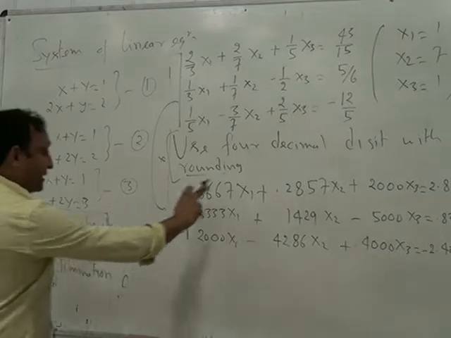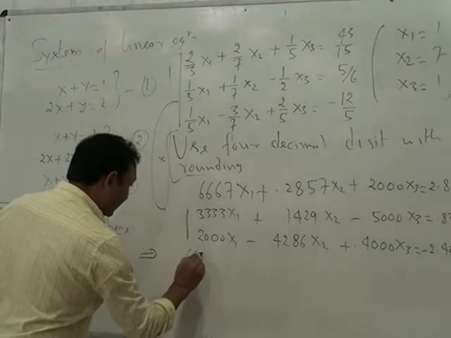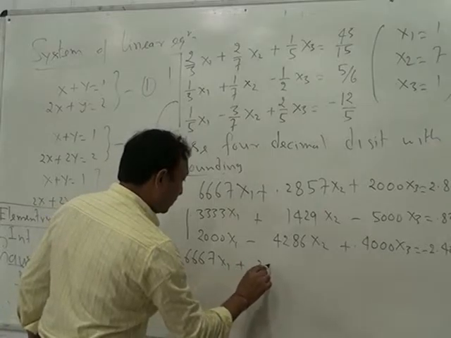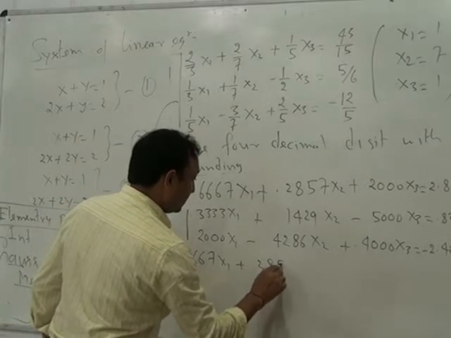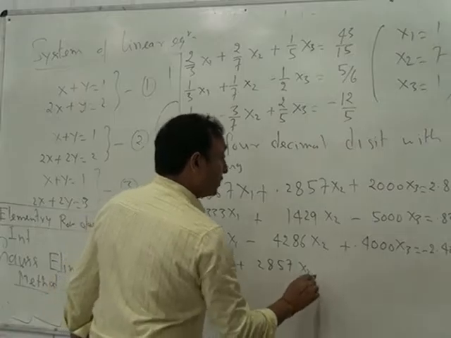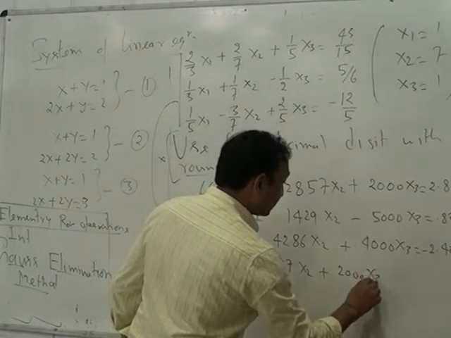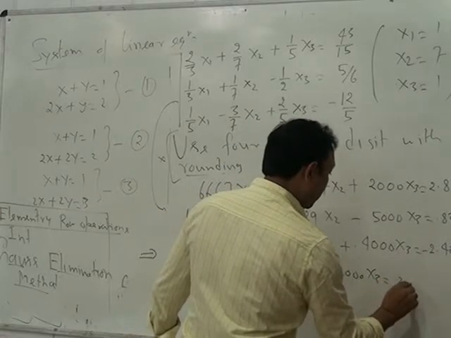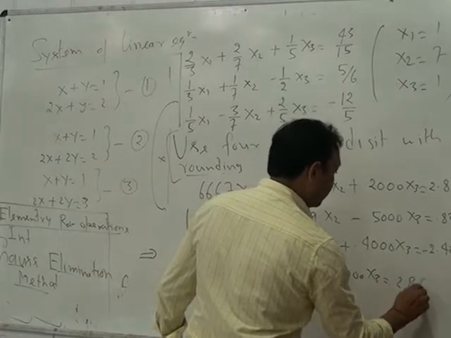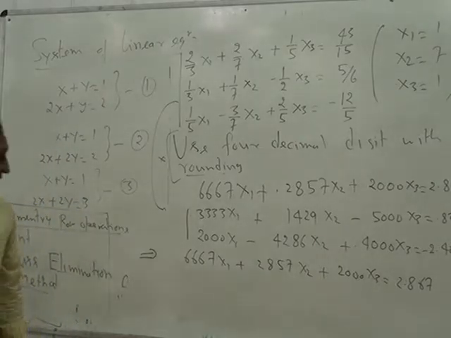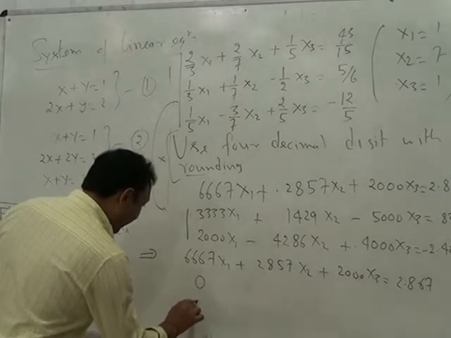So the first will be as it is: 0.667 x1 plus 0.2857 x2 plus x3 is equal to 2.867. These two you have to make 0.